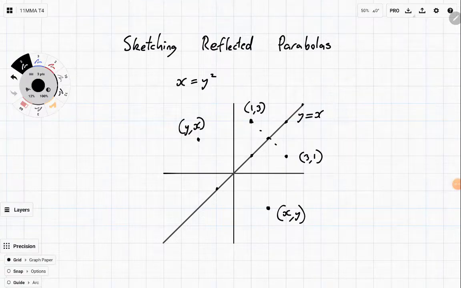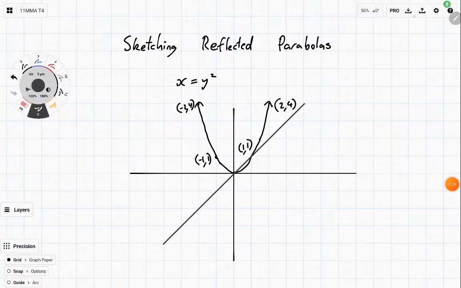And so, to reflect something along this axis, we simply swap x and y. So y equals x squared becomes x equals y squared. All I've done is swapped the order. And so, this is going to reflect our parabola.